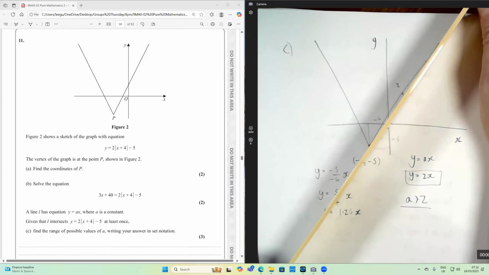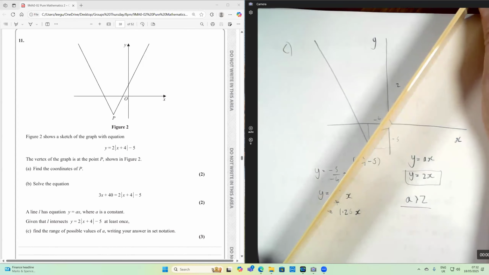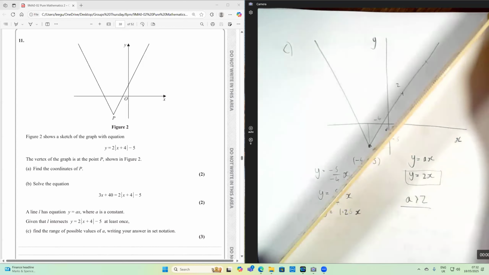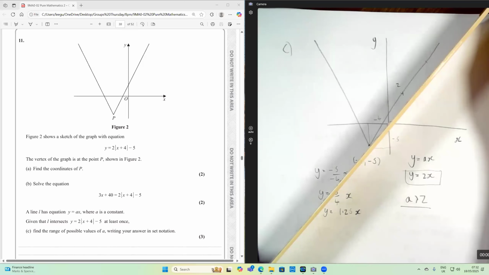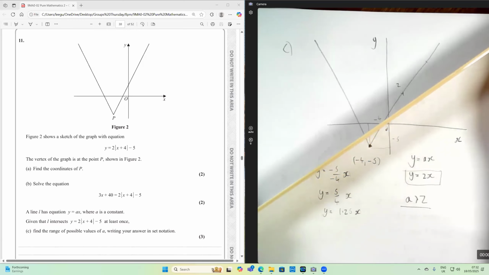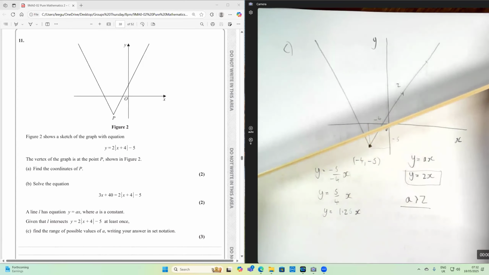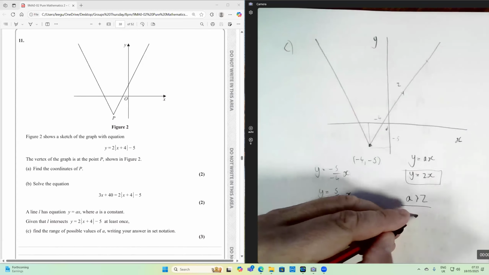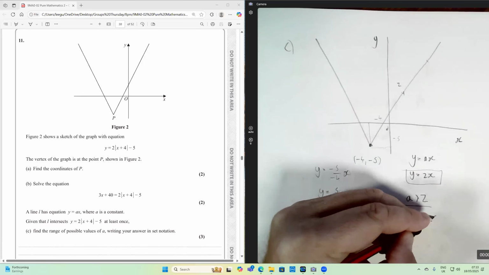So let's think about what that is. So if we have a gradient of 1.25, then we have one point of intersection, okay, which is at the vertex. And if the gradient becomes less than 1.25, then we're back into that zone of where we've got more than one solution. So what we're saying is that a has to be less than 1.25.